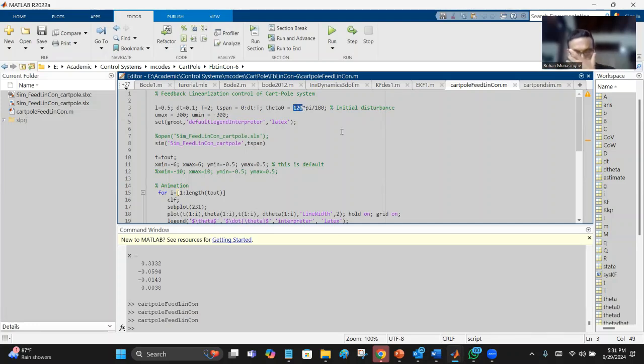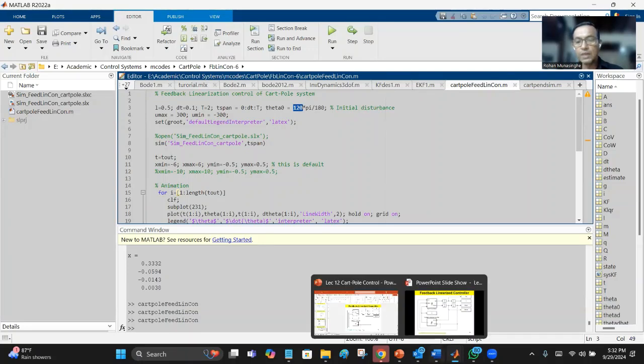Can you see that? Now we start the pole from 120 degrees, which means from the vertical, right? 90, 120. Earlier, we couldn't even go beyond 65 degrees. Now we are going to 120 degrees here. So that's what the nonlinear control is capable of doing.